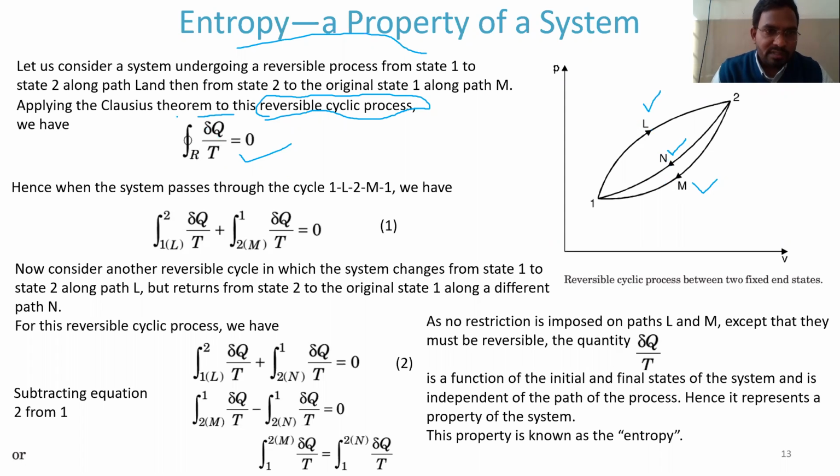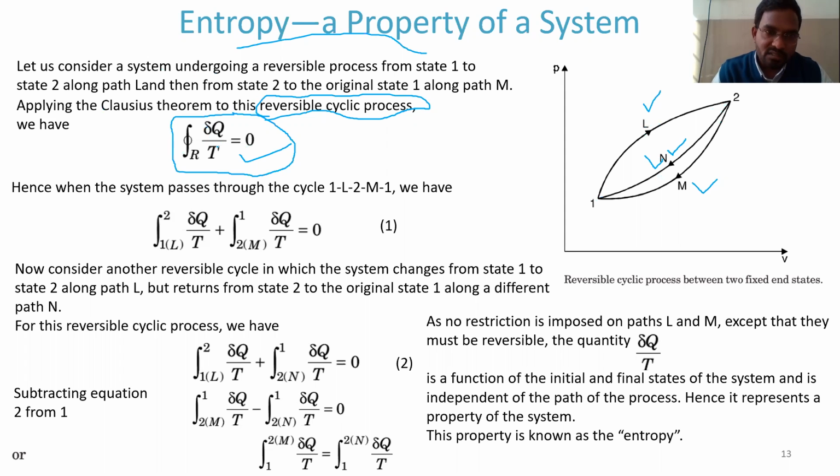So this cyclic integral of dQ by T is equal to 0 is for a cycle. We don't know what number of stages are there. Okay, so in that case we can write cyclic integral of dQ by T. But here we know that there are two stages, 1 to 2 through L and 2 to 1 through M. So there are two stages.